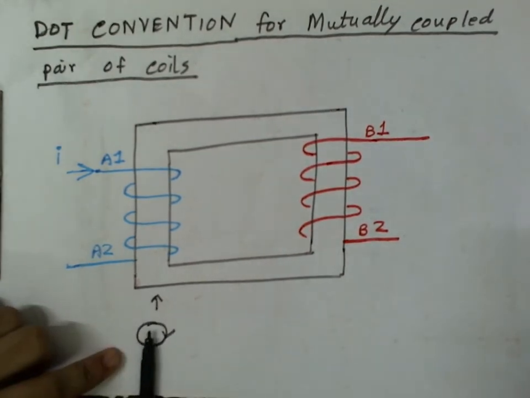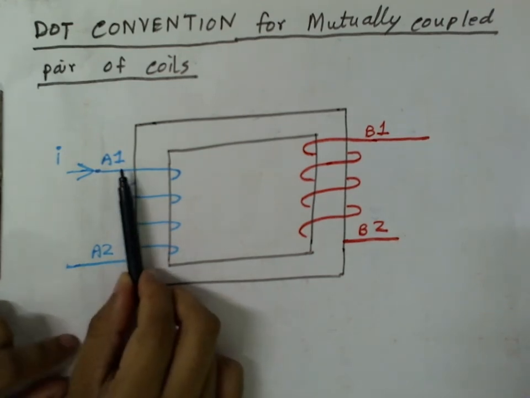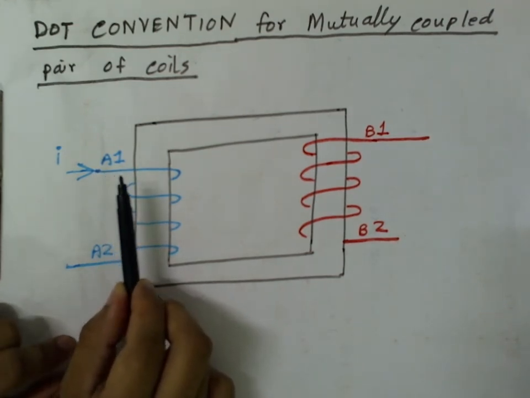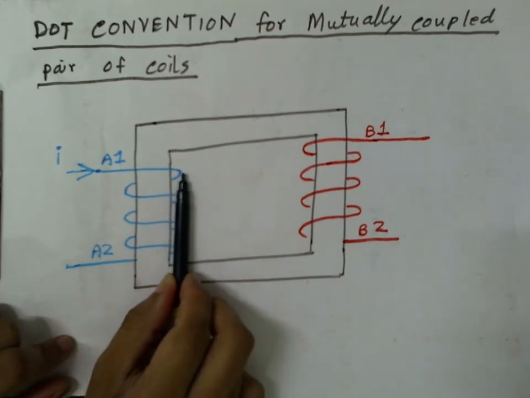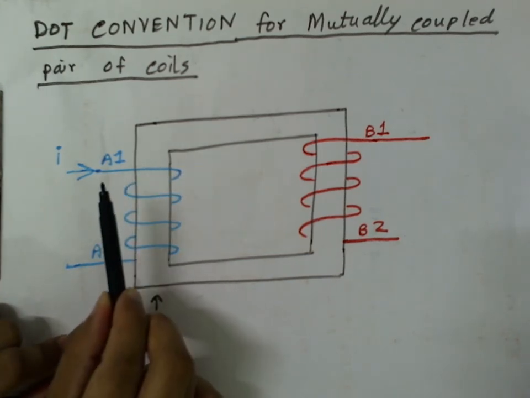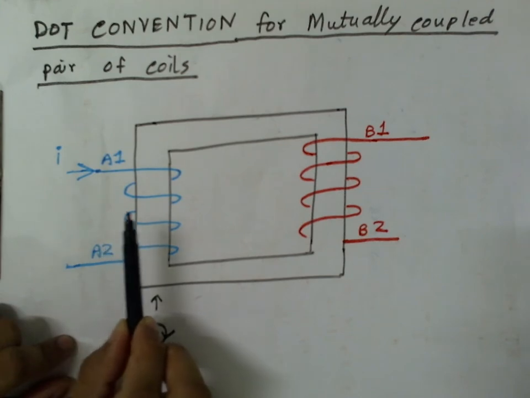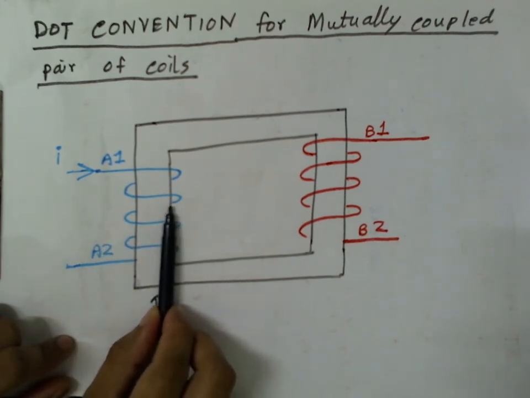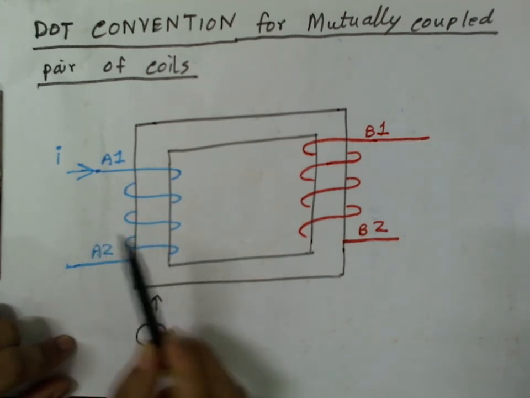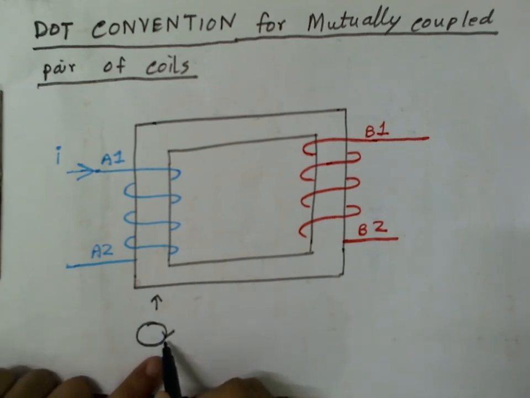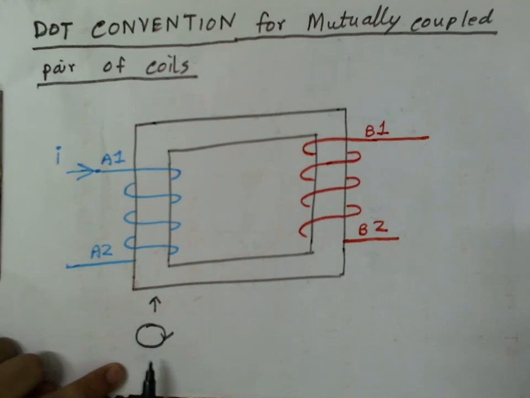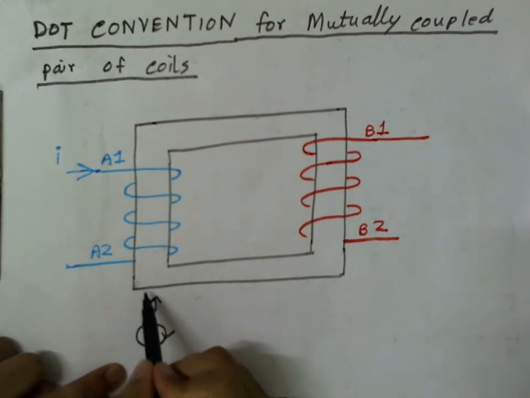If we look from the bottom of this coil, you see that the current is going from left to right and then going down, then from right to left and then coming up, and then again left to right, going down, then right to left, coming up. So this is rotating in a clockwise direction as seen from the bottom of this core.